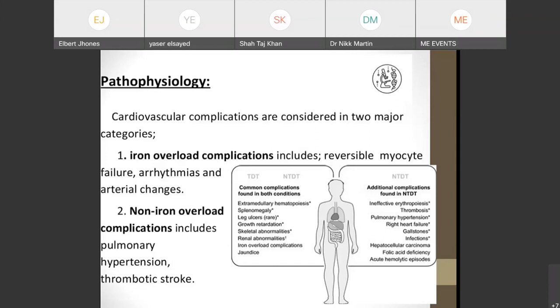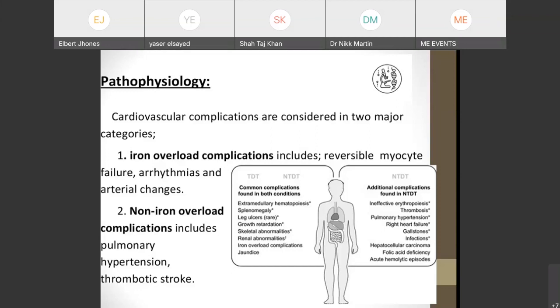Non-transfusion dependent thalassemia seems to be better, but they have more complications than the transfusion dependent thalassemia, and that includes ineffective erythropoiesis, thrombosis, pulmonary hypertension, heart failures, gallstones, infections, and hepatocellular carcinomas because of the repeated transfusion causing iron overload in these patients.